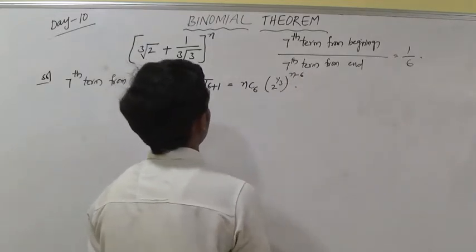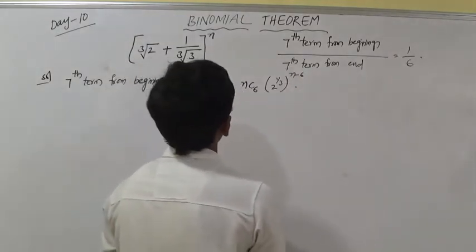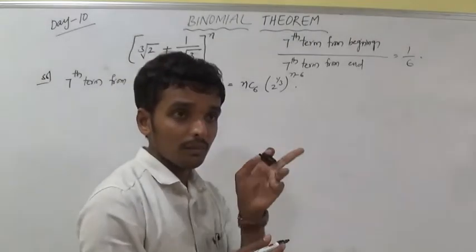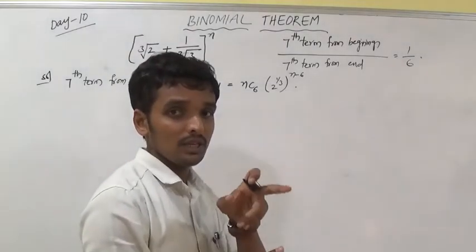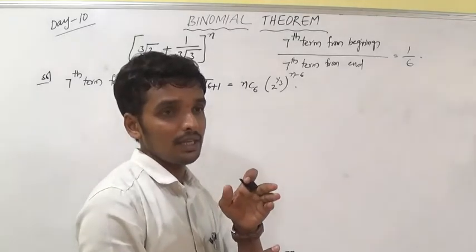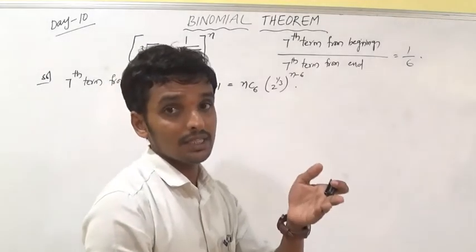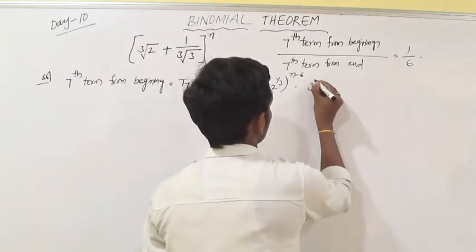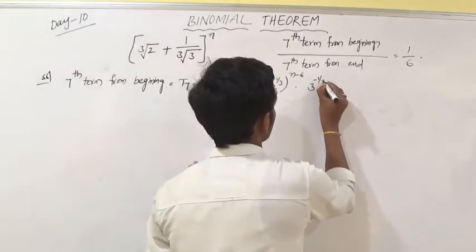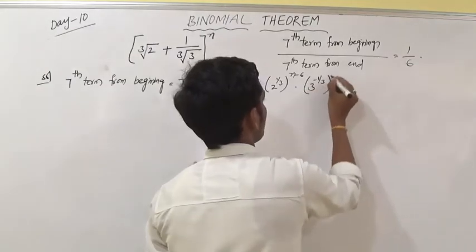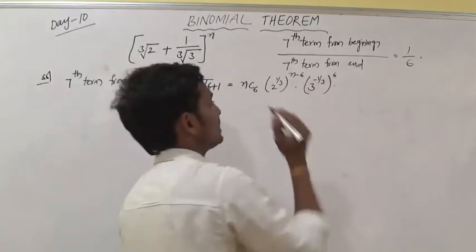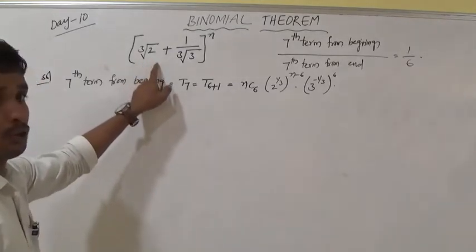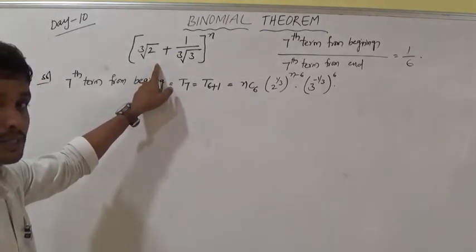Then b power r is 1 by 3 root 3, which is 3 power minus 1 by 3, whole power 6. I hope you understand the step I am writing directly here.